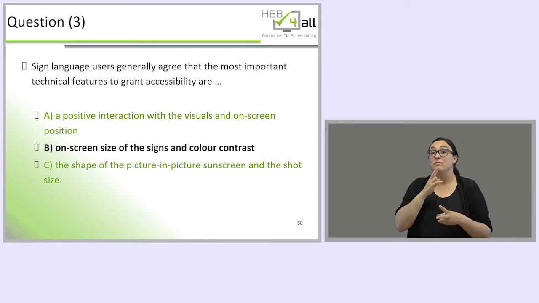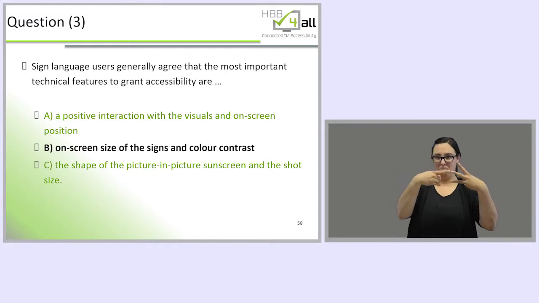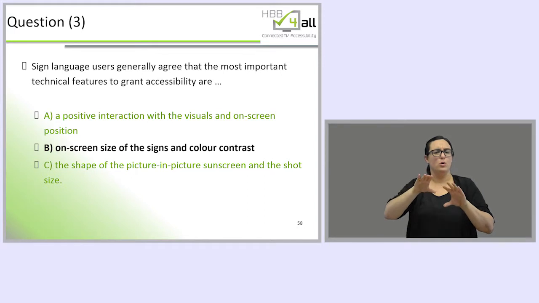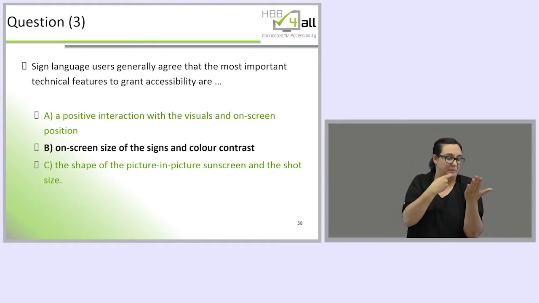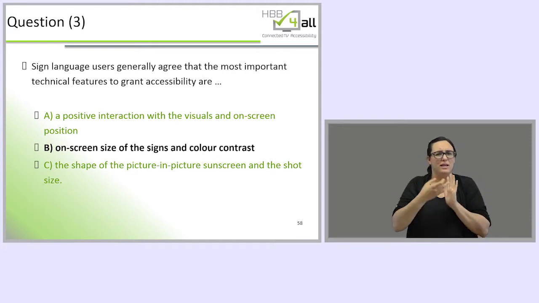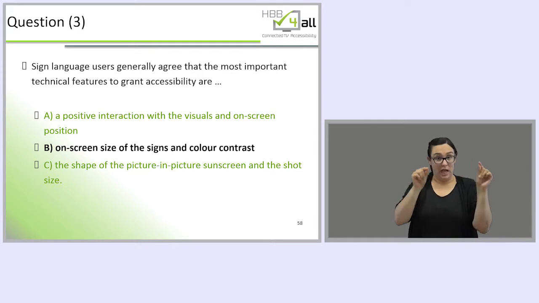And the correct answer is B. For most sign language users, or at least that is what is attested in the literature, the most important technical features to grant accessibility are on-screen size of the signs and the color contrast.